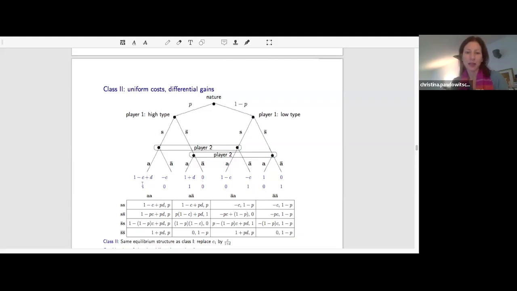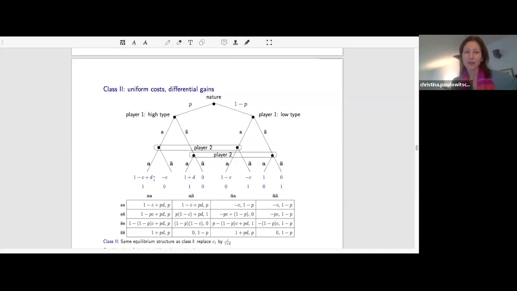This is what you see in the payoffs here at the end nodes of this tree. We give the same cost, little c, to the two types, the high and the low type. When we think of advertising, it is a good of high and low quality, and both firms can or cannot buy, let's say, the newspaper ad.